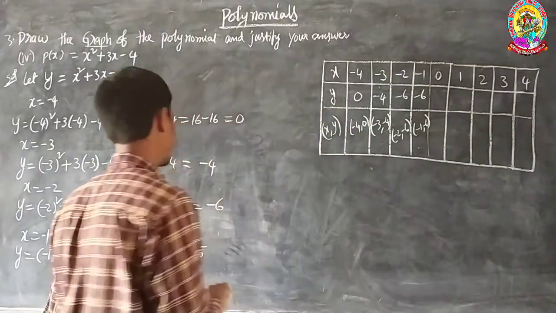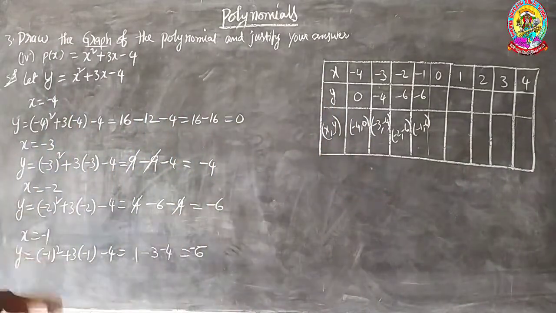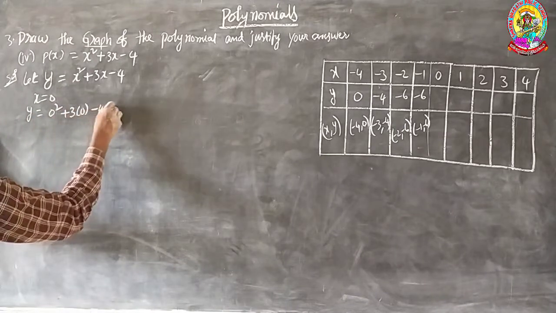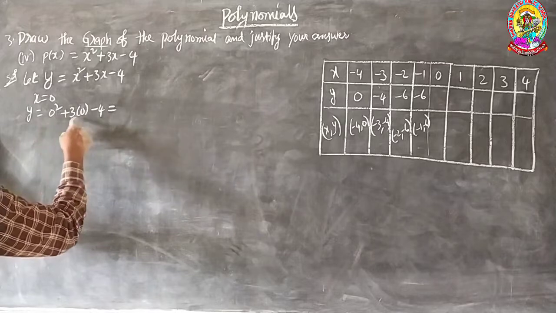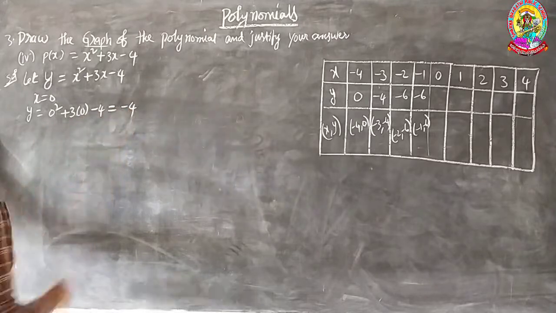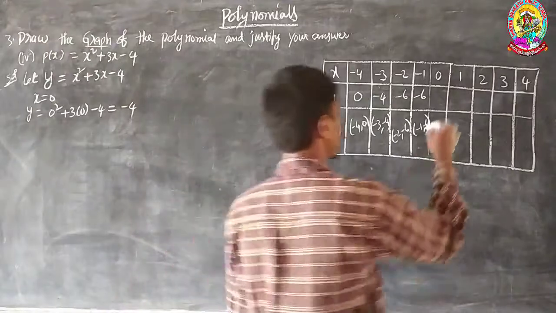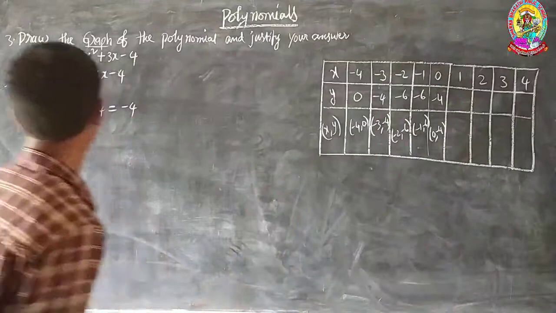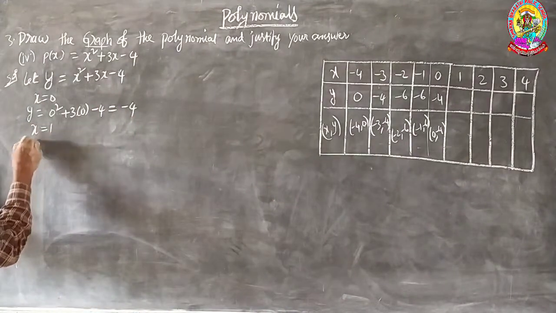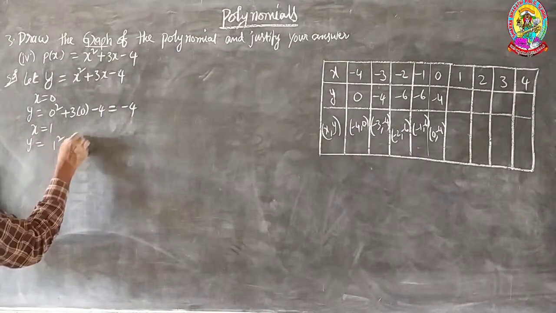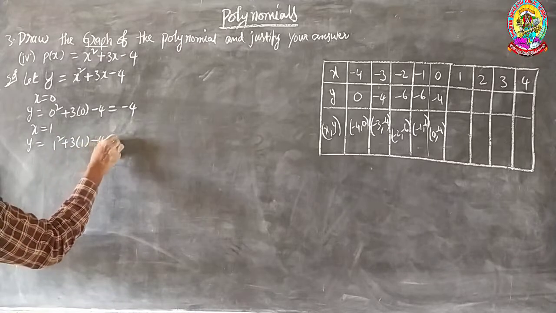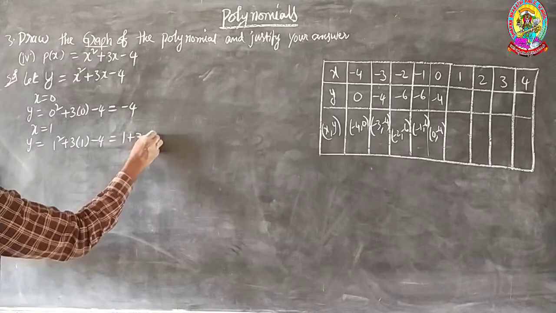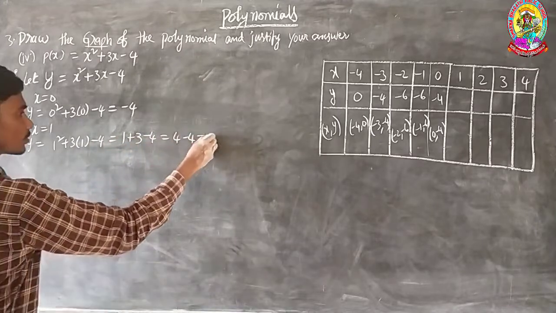So these are the points. Next, x equal to 0, y is equal to 0 square plus 3 into 0 minus 4, that is equal to 0 square becomes 0, 3 into 0 becomes 0, minus 4. At x equal to 0, y is equal to minus 4, 0 comma minus 4. Next, x equal to 1, y is equal to 1 square plus 3 into 1 minus 4, that is equal to 1 square means 1, 3 1s are 3, minus 4, 4 minus 4 is equal to 0.